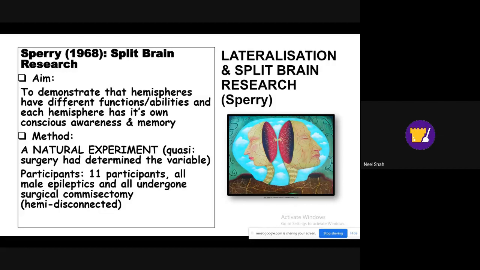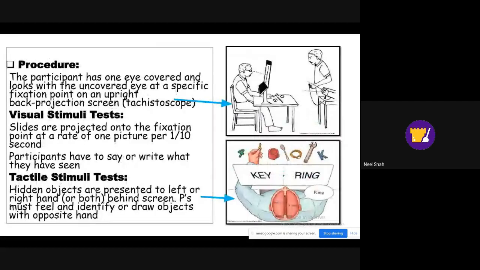Okay, but always be thinking about this when you're uncovering research. The procedure: what actually happened in the study? The participant had one eye covered, and they had to look with the uncovered eye at a specific fixation point. Basically, something was projected to them.